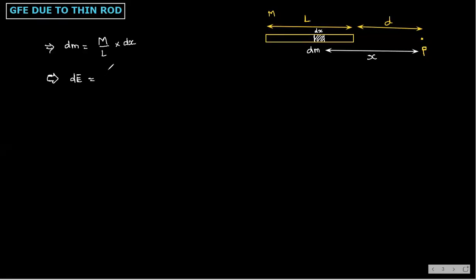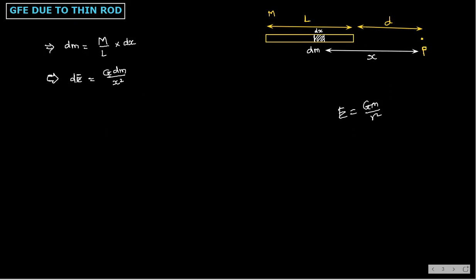This is equal to, by the formula below, G into dm divided by x square. Agree with me? Original formula is E equals GM by r square.